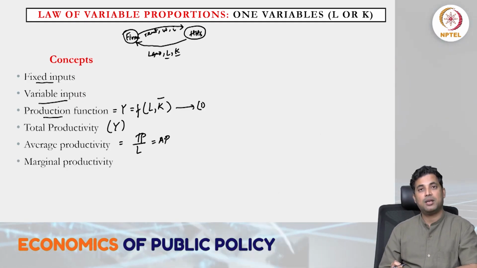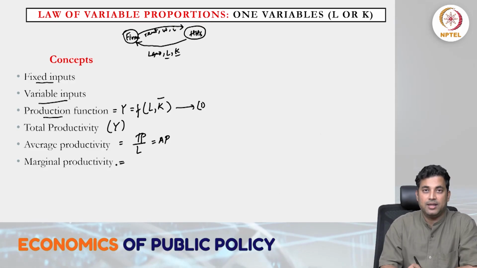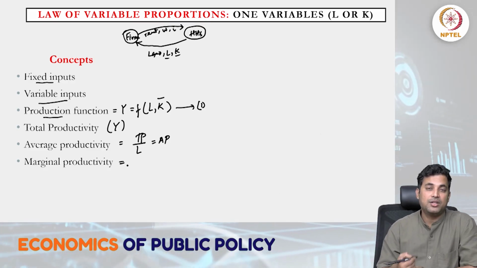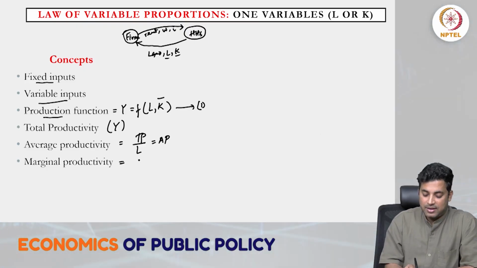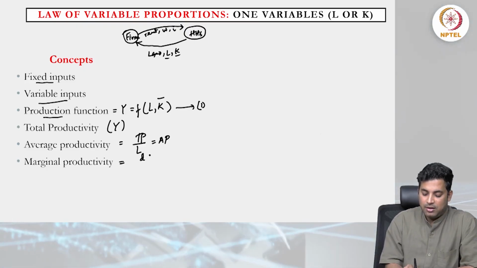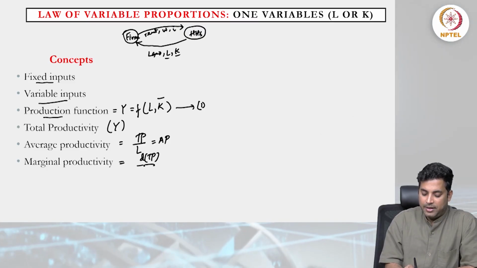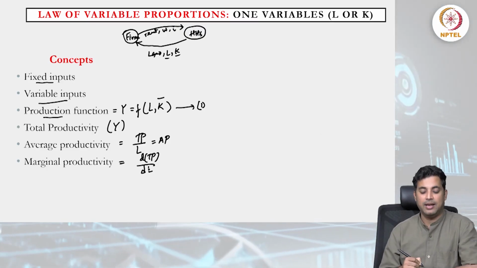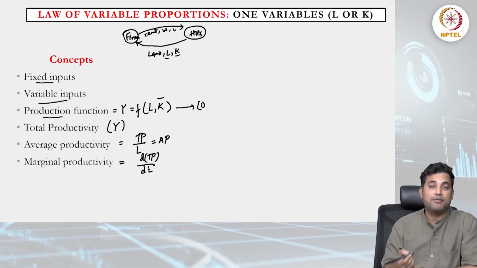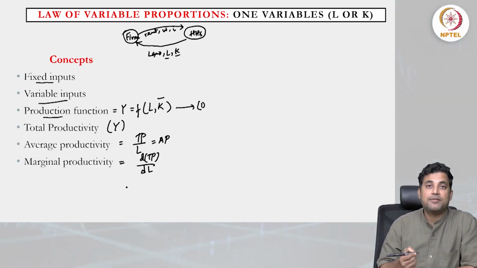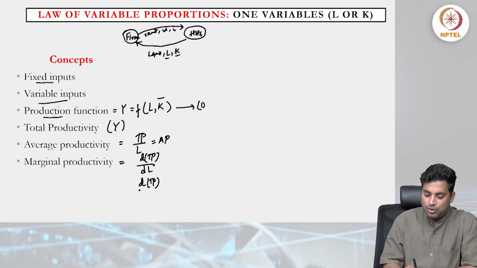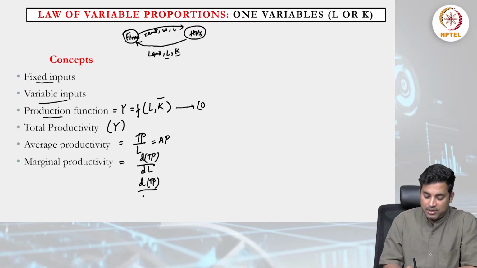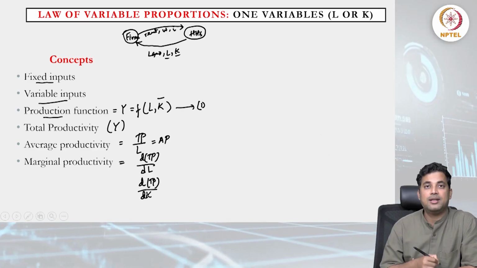So what is the marginal productivity? Marginal productivity is the same marginal concept that we already discussed in our previous lectures: the change in total productivity due to a one unit change in labor. Likewise, if capital is variable, it is the change in total productivity due to a one unit change in capital.